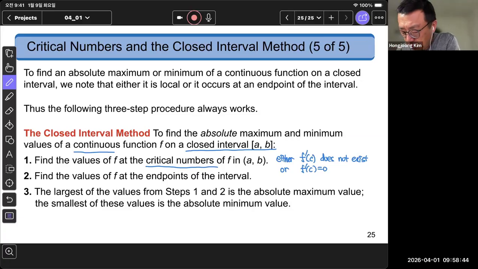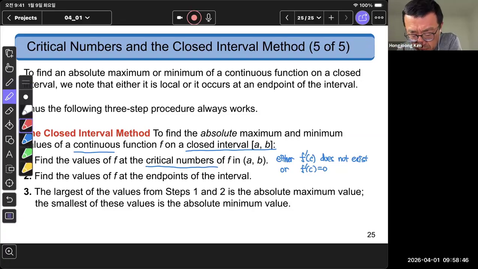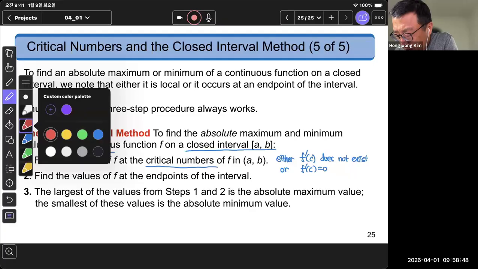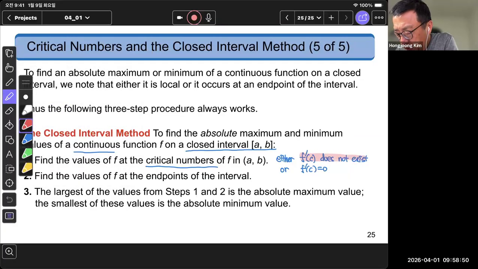Some students neglect this portion, okay? So please be careful. If we want to find the absolute maximum or absolute minimum, then you first find the values of the function at the critical numbers.